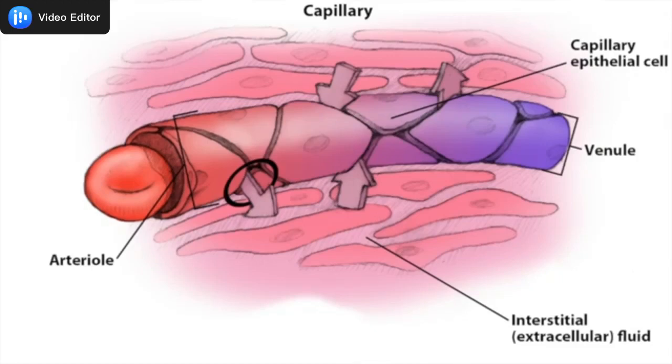The pores in the capillary walls are too small for blood cells to pass through, and they are relatively impermeable to plasma proteins. At the venous end of the capillary bed, osmotic pressure created by the high concentration of protein within the capillary drives most of the extracellular fluid, now containing waste products and carbon dioxide from the cells of the tissue, back into the capillaries.